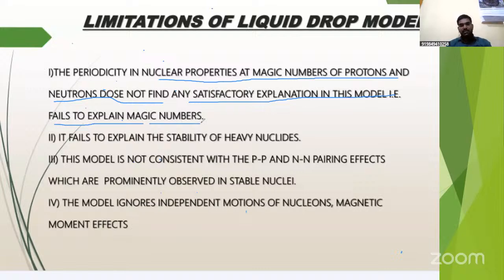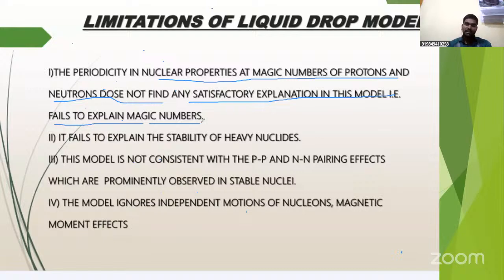There are some numbers, meaning the mass number or number of protons or neutrons, such as 8, 12 and 20 protons. What the magic numbers are, we will study in the coming classes.